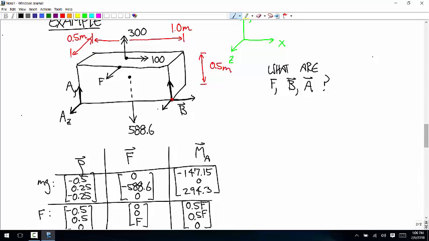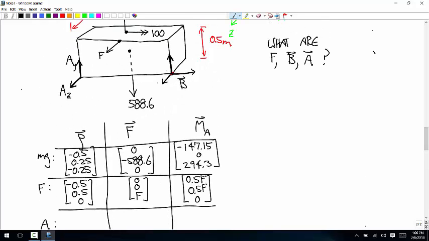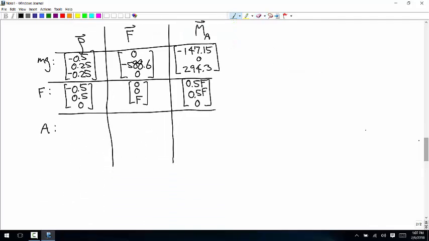And now we'll go to the force A. To get from B to A, we're just going 1 meter in the negative x direction. So the row vector is -1, 0, 0.